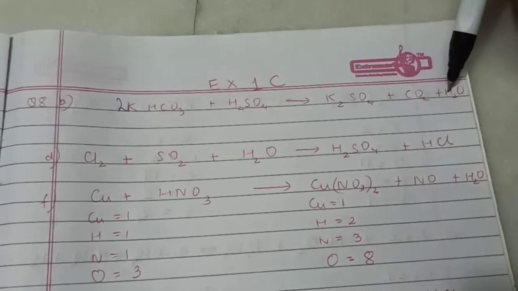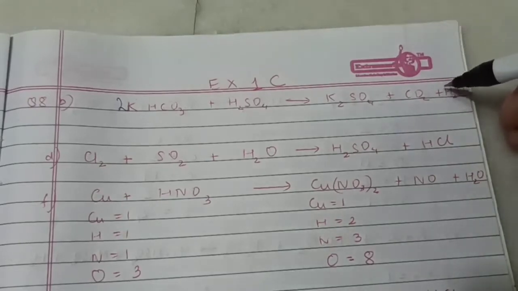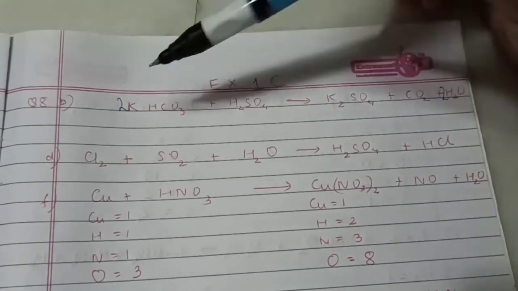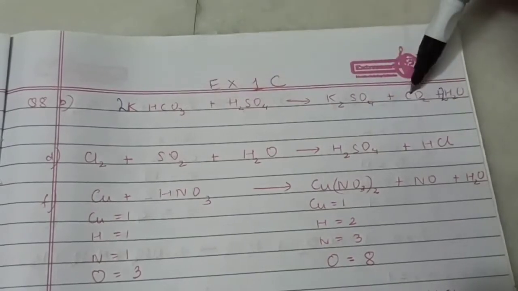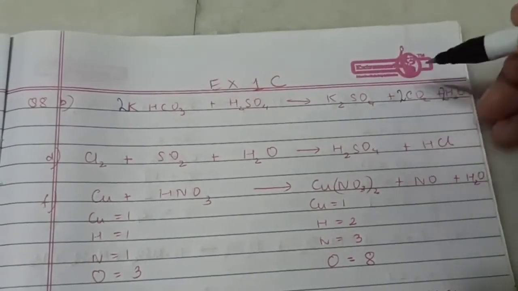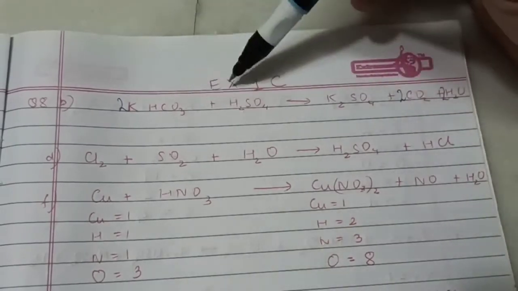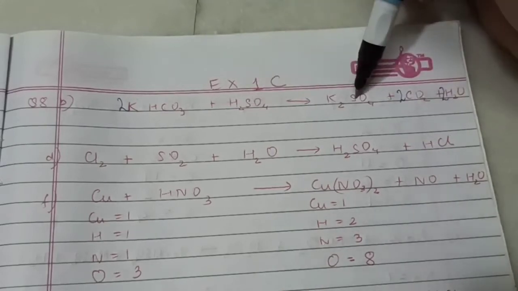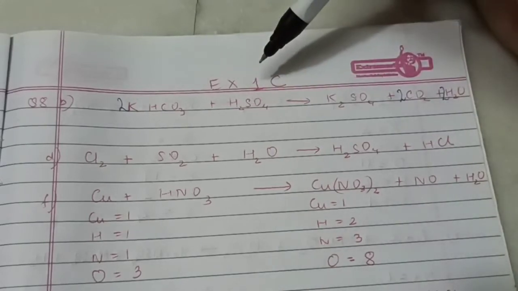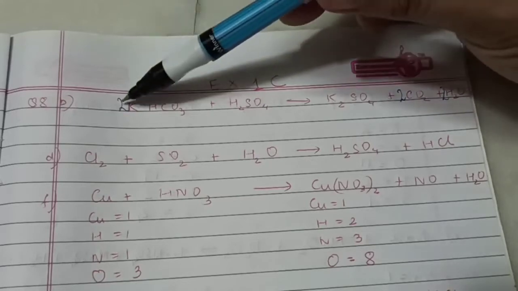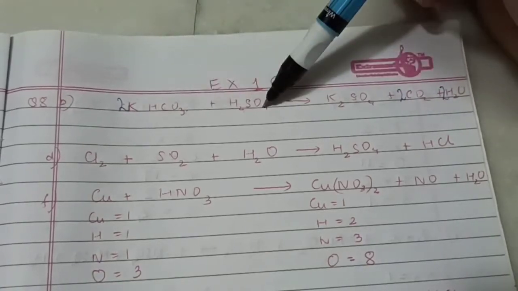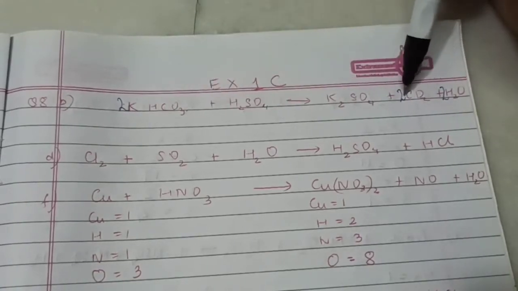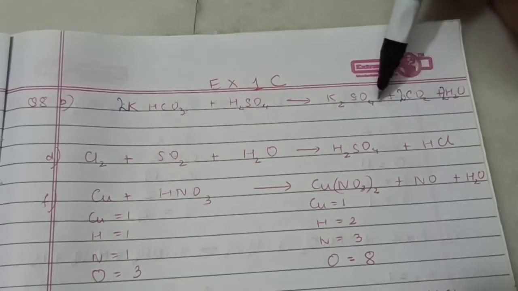Here hydrogen is only 2, so definitely I'll have to put a 2 out here. Carbon, that becomes 2 now, and here there's only 1, so I'll have to put a 2 out here. Oxygen later, please. Sulfur, there's only 1 sulfur and 1 sulfur, so that's equal. Now let's talk about oxygen, since all other elements are equal. 2 into 3, 6, plus 4, 10. And here, 4, 2 into 2, 4, plus 2. So 4 plus 4 plus 2, 10.